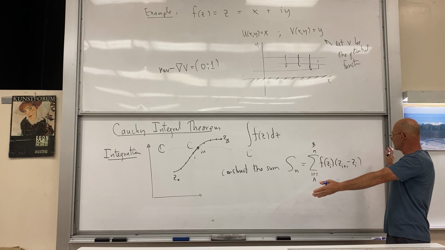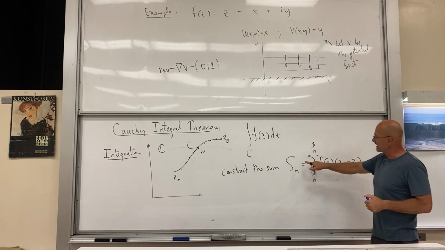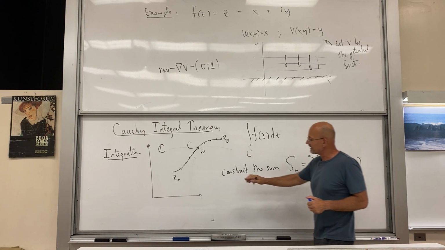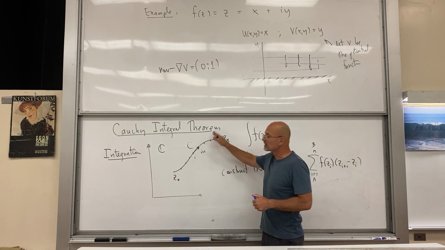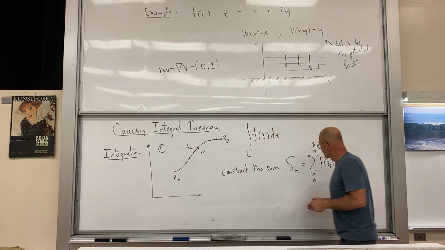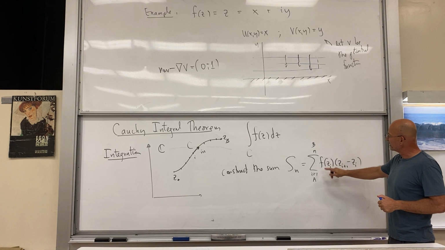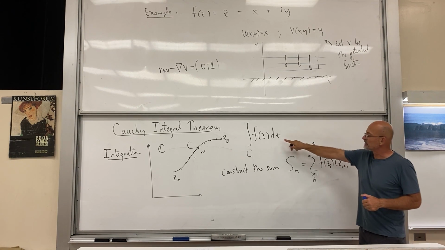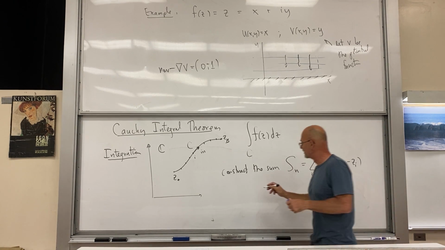So that's a very straightforward definition, and to turn that into an integral, we just have to have the ever finer subdivision along the curve, along the contour. So in the limit as n goes to infinity, this will turn into this integral here.